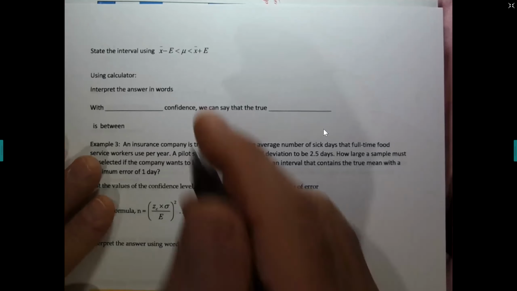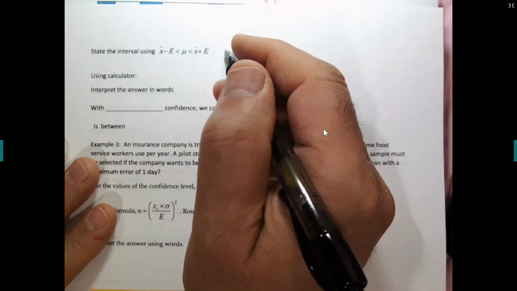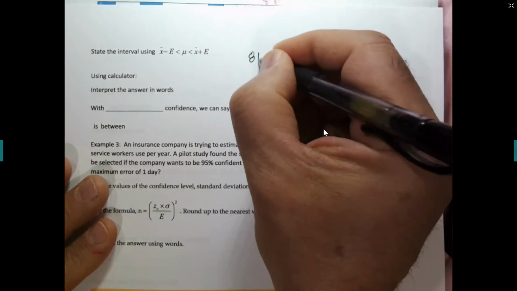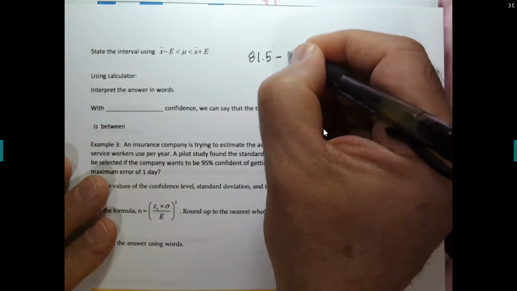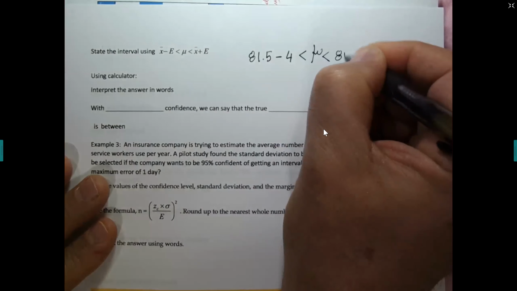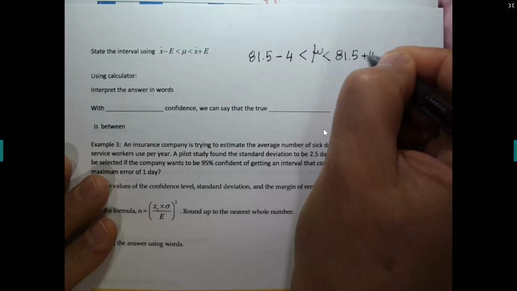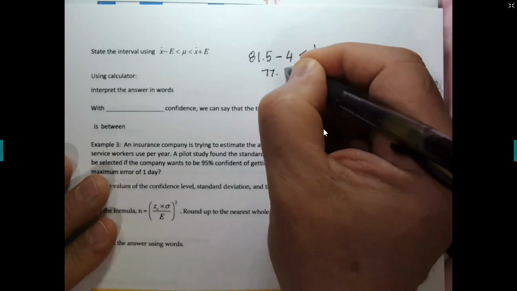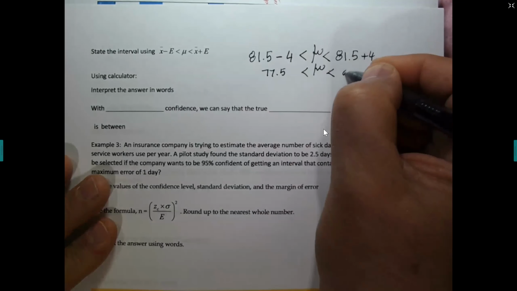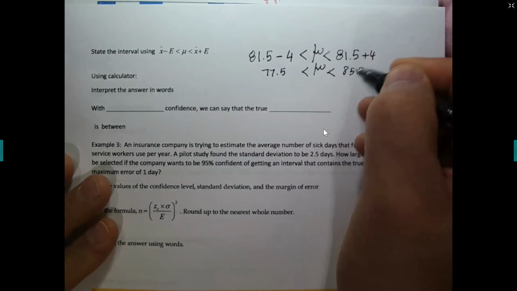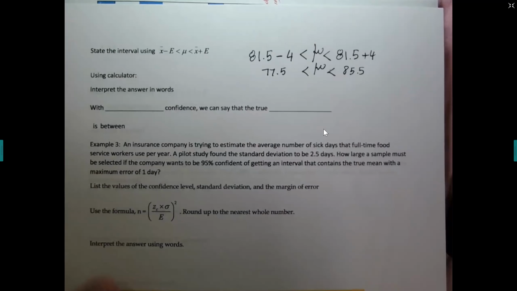You know X bar already, which is 81.5. Minus E, 4, and 81.5 plus 4. So the mean will be between 77.5 and 85.5. That's your interval. We're done.